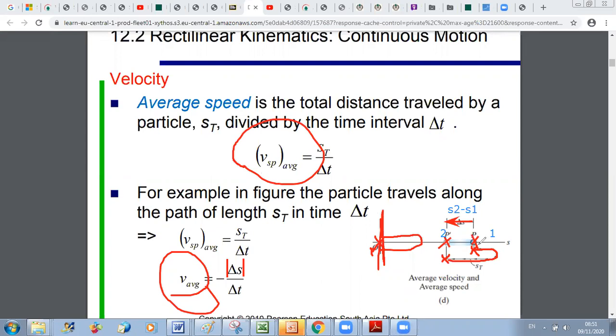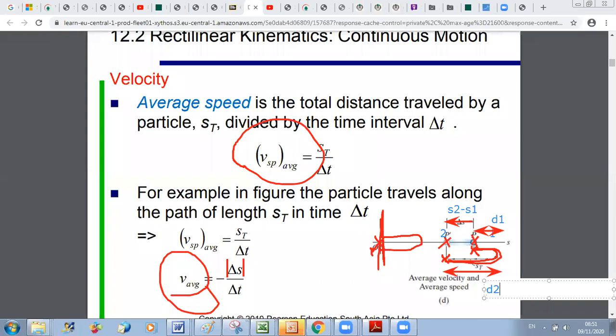So, for example here, if I go first to the right, then I go to the left, then I will say that the total distance will be the following. First, I should take into consideration the distance I move to the right. Then I should add to it the distance I move to the left. So my total distance will be d1 plus d2.